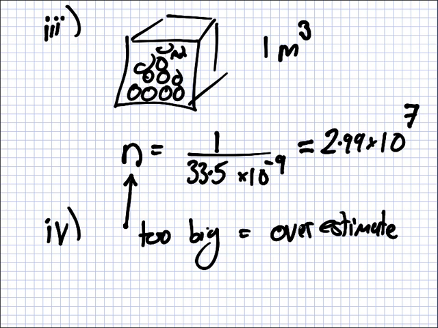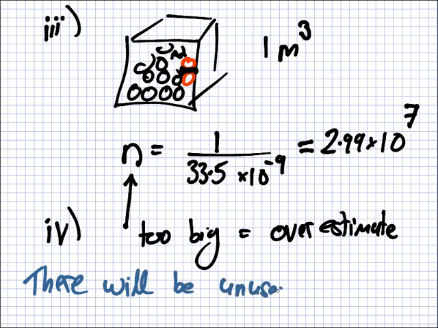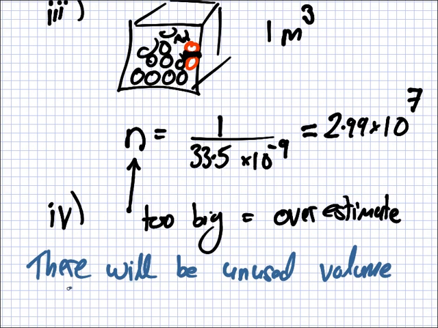So what's the reason? The easiest reason is, if you think about it, there'll be a small volume in between the balls you can't use. So you could just say, there will be unused volume between the balls.